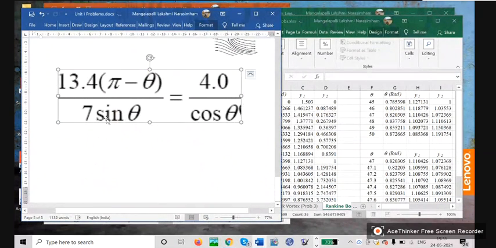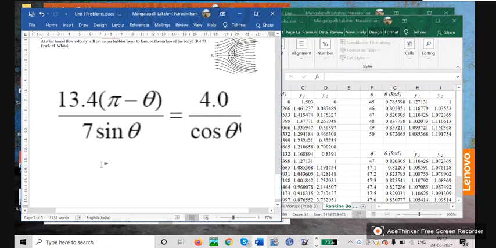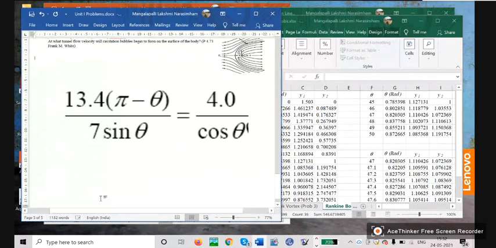What you can write is, if I take this other side and bring this here, you will get the equation as 13.4 divided by 28 into pi minus theta is equal to tan theta. I will increase the font.